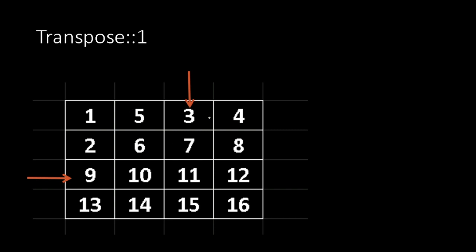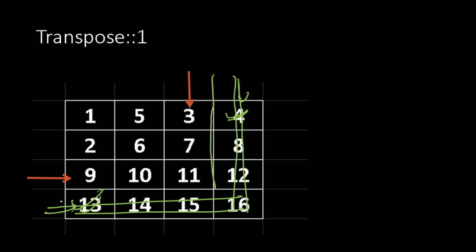When we flip, we realize that 4 ends up here, 13 ends up here. This is fine. Now, given the initial constraints, we can say that this entire column is sorted and this entire row is sorted. Now, let us recursively do the same step for the next sub problem.